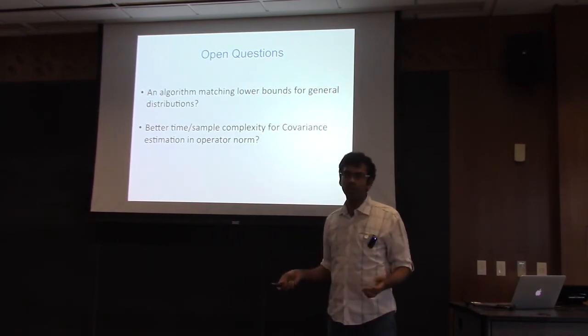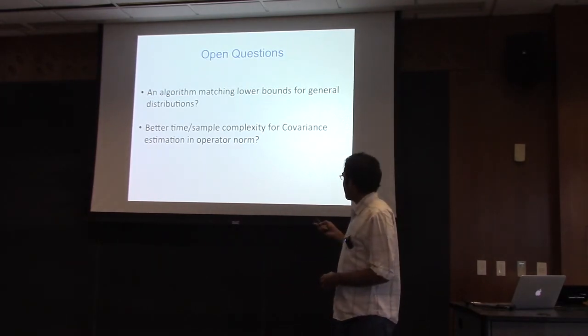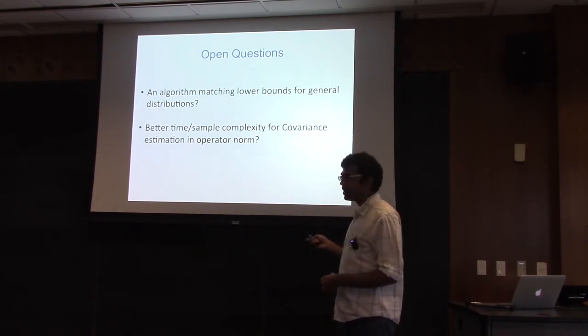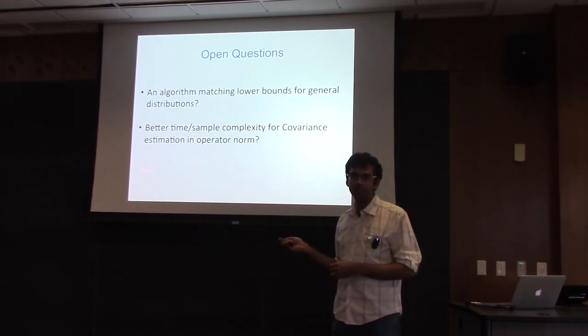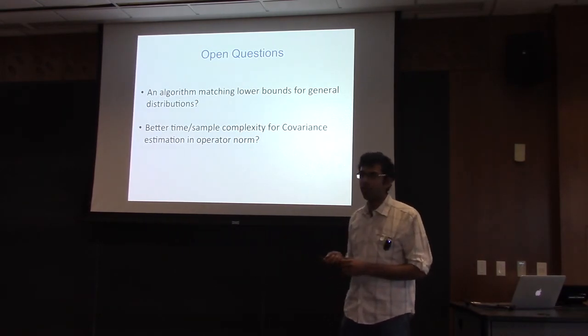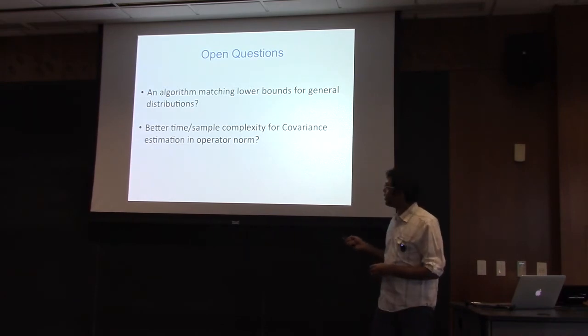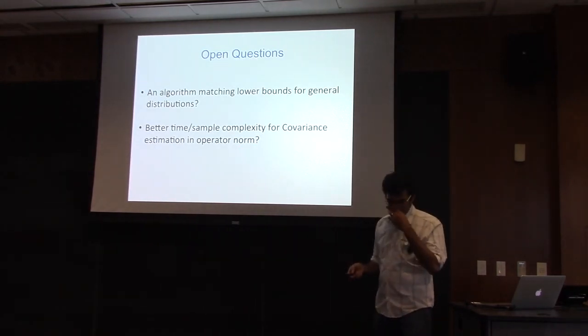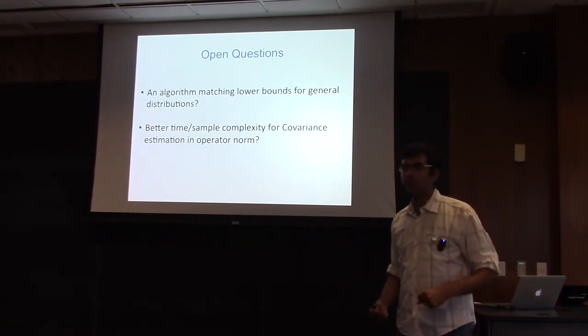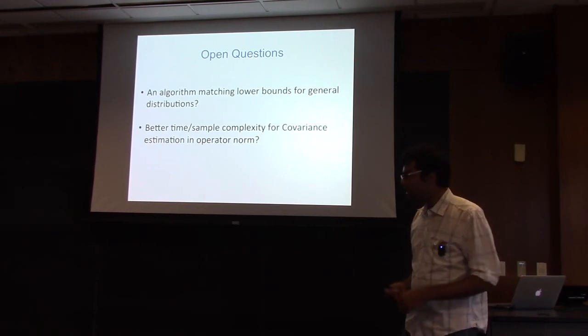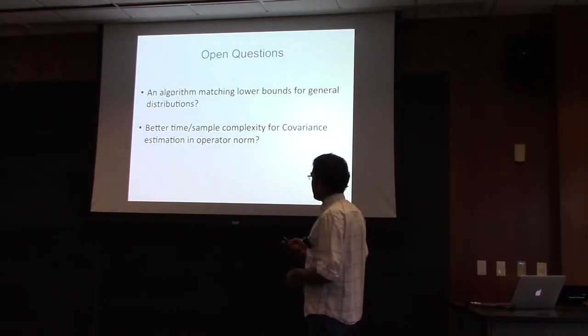But we don't know of any algorithm that works well. In fact, even a linear number of samples is sufficient for just operator norm estimation. And time complexity, practically, is also very bad. All the algorithms at the moment construct these n square cross n square matrices, which is a bad idea.